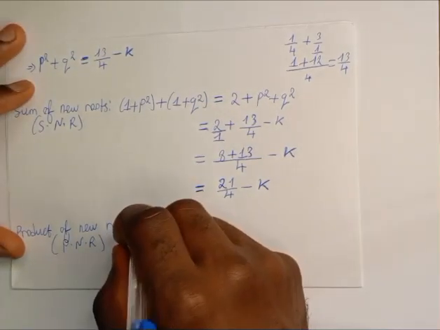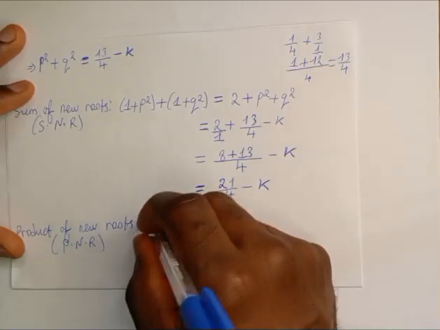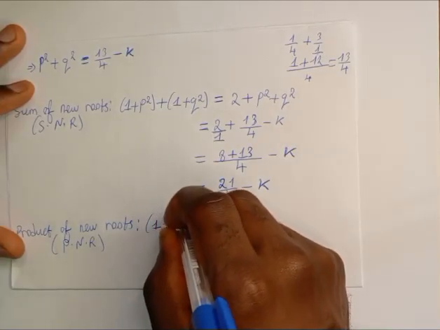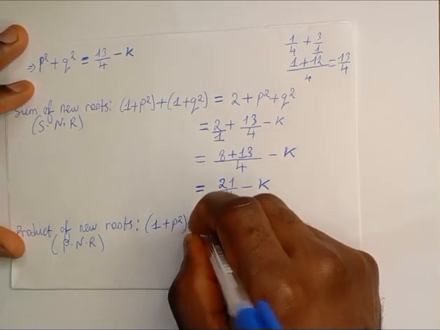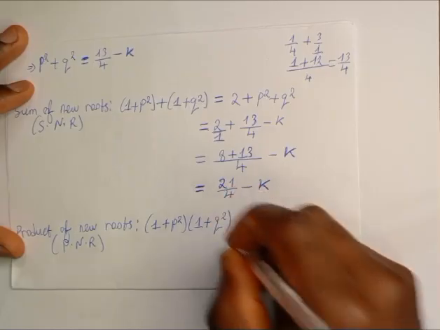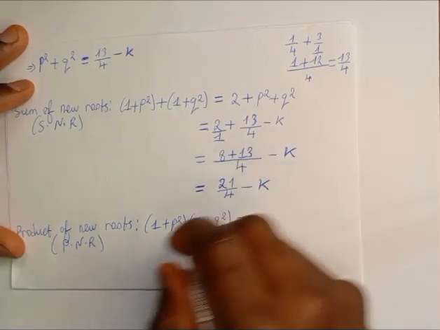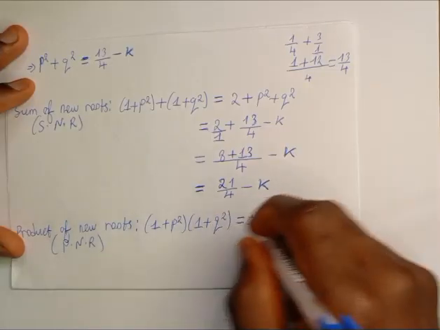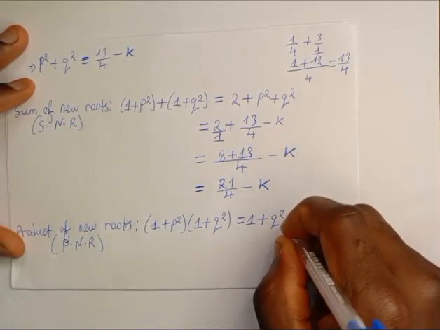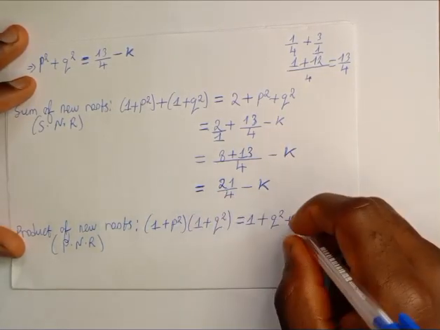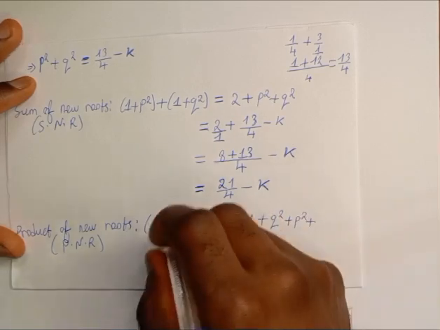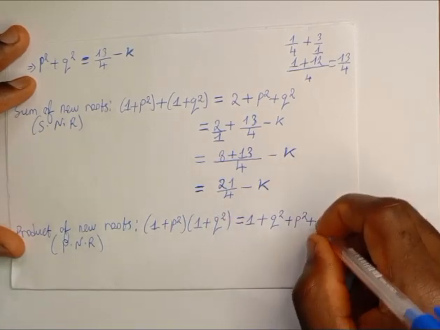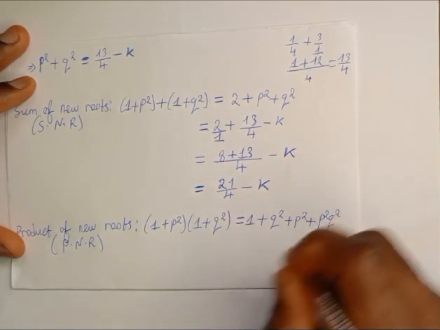The product of new roots, we are simply going to multiply the new roots. We take 1 plus p squared times 1 plus q squared. And this will be equal to 1 times 1 gives 1 plus 1 times q squared gives q squared plus p squared times 1 gives p squared plus p squared times q squared gives p squared q squared.